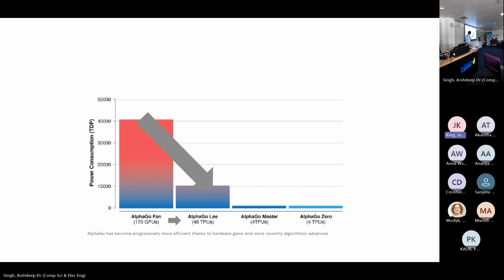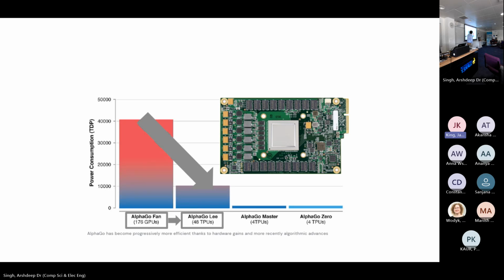Well, the answer to that is kind of hidden away in this x-axis here, where we've gone from using 176 GPUs to 48 TPUs. Well, what is that? It's a change in hardware to this bit of kit here, which is a TPU, and it's essentially a bit of hardware that's optimized for carrying out matrix operations that are used in machine learning.